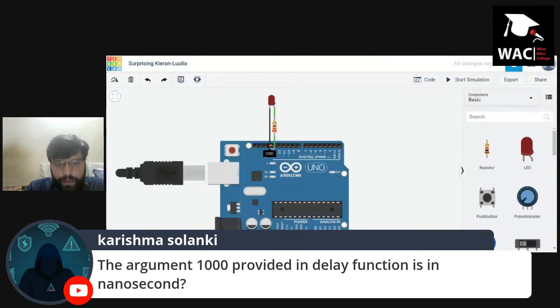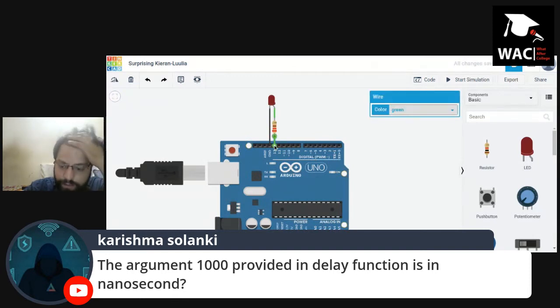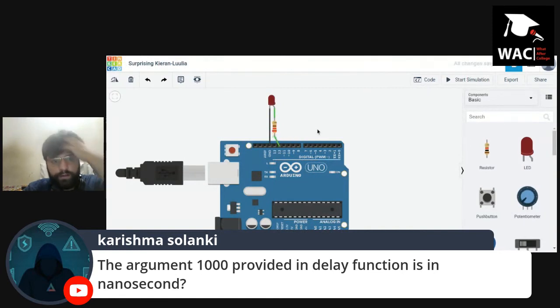Here you can see the wire is connected to pin 13. I'm gonna connect it to pin 12. So the LED's shorter leg is connected to ground, and the longer leg is connected to a resistor and then the 12th pin.